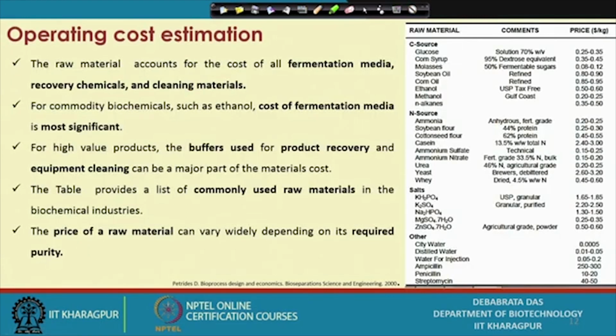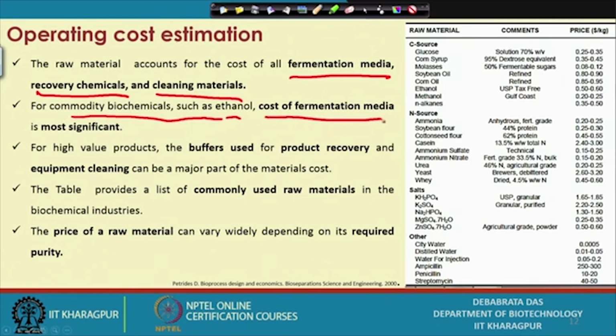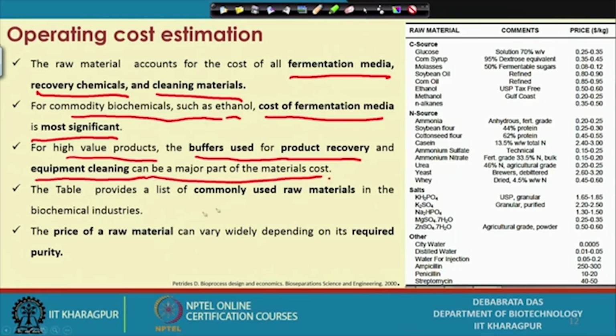Now, the operating cost: the raw materials account for the cost of all fermentation media. This is important. This is the fermentation media, recovery of chemicals and cleaning media. For commodity biochemicals like ethanol, the cost of the fermentation media is more significant. For high value products, the buffer used for product recovery and equipment cleaning can be the major part of the material cost.